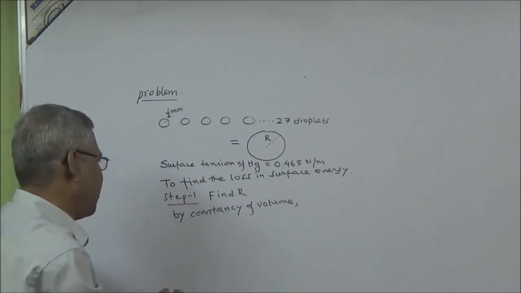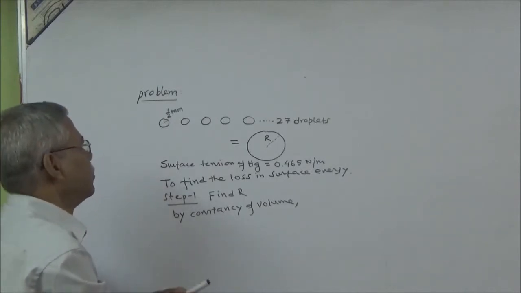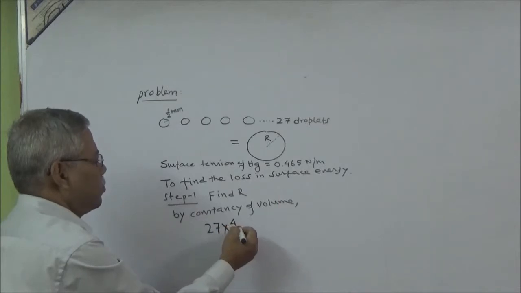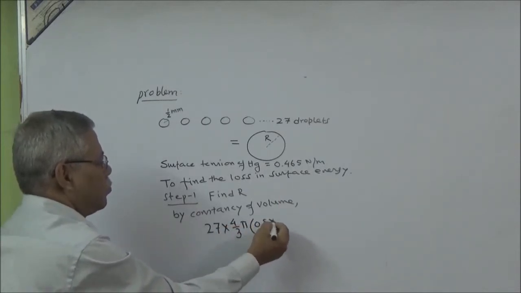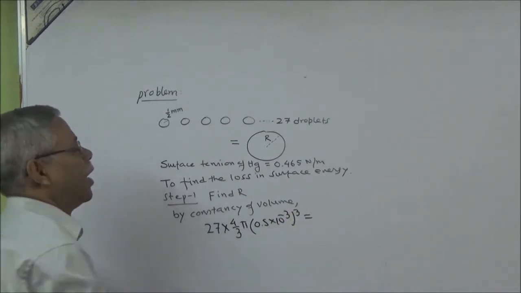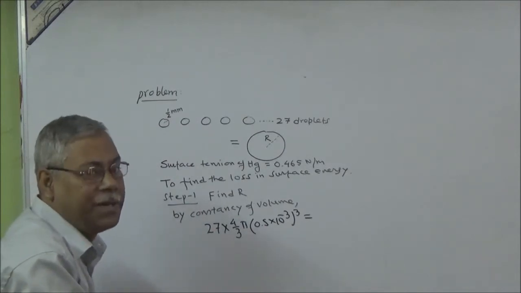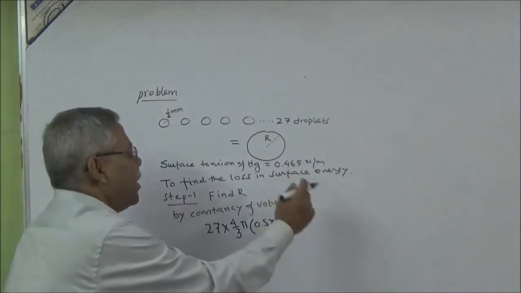By constancy of volume, half millimeter means 0.5 millimeter, so 0.5 into 10 to the minus 3 meter, so 27 into this equal to 4/3 pi R cube.